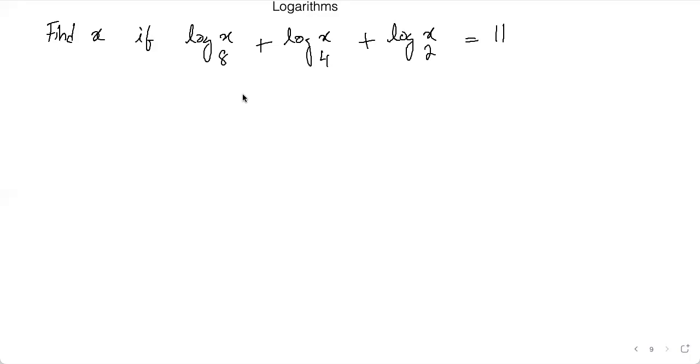So let us change the base to 2 in each term. So let us put that.